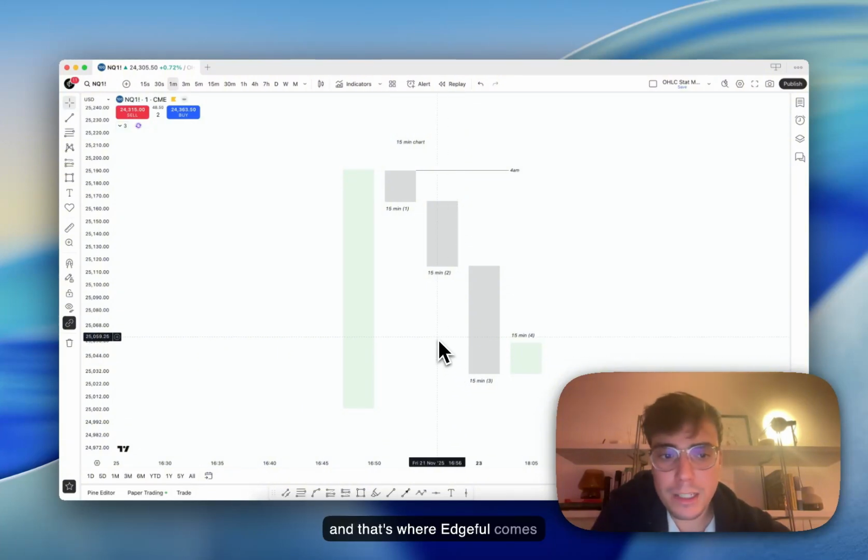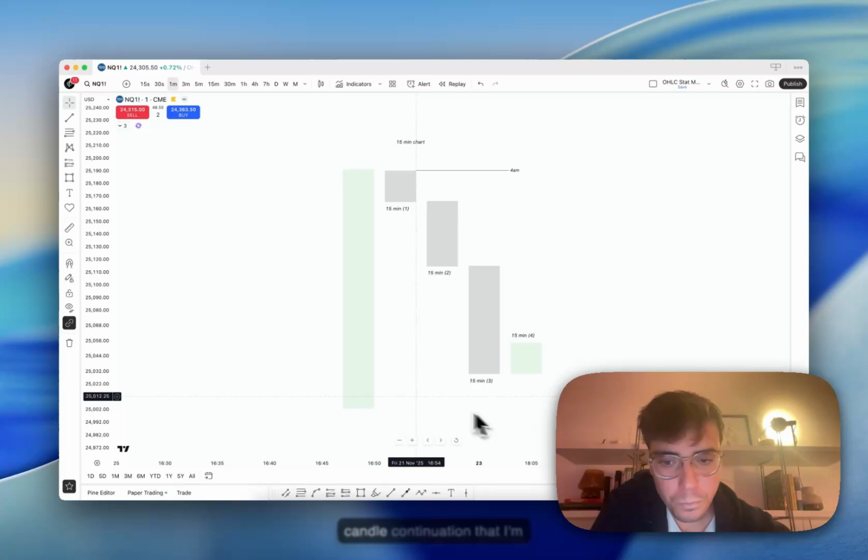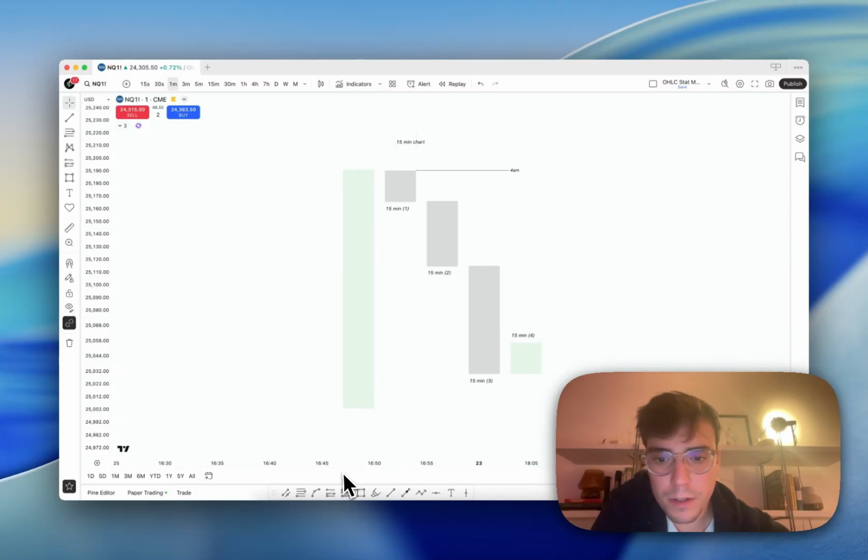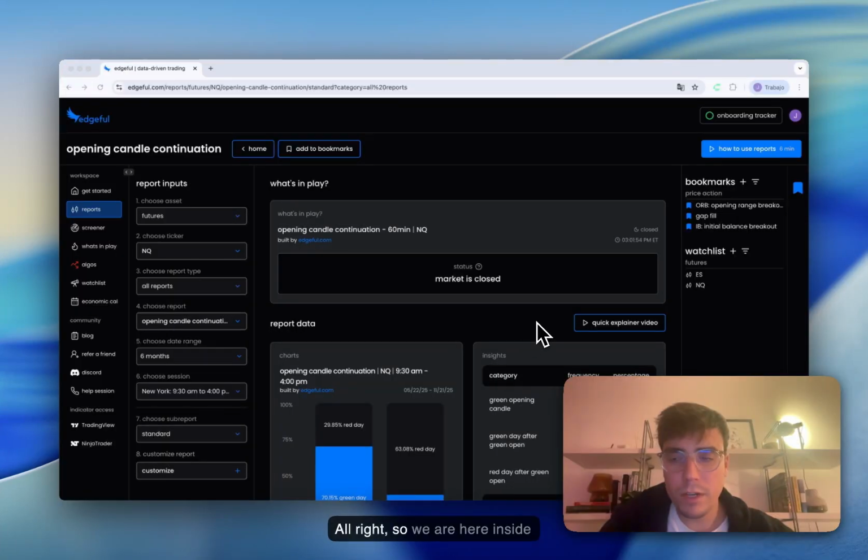And that's where Edgeful comes into place, using the opening candle continuation that I'm gonna show you in a second. All right, so we are here inside Edgeful already, inside the dashboard. We are gonna be checking out NQ and the report of the opening candle continuation.